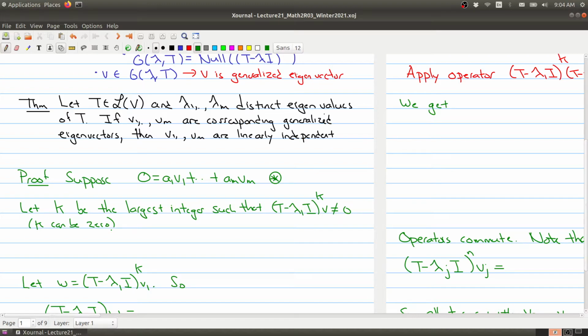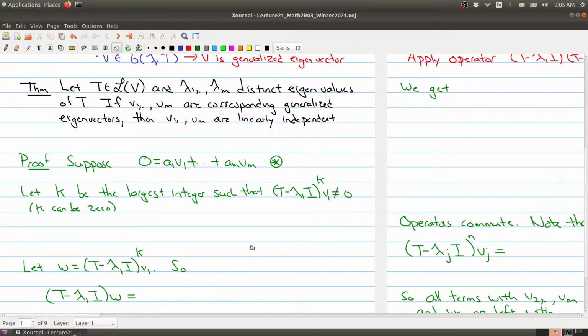The k equals 0 case just says this is the identity operator, so I times v1 not equal to 0 means the vector is nonzero. In that case, taking the power 1 gives 0, so v1 is just a regular eigenvector. That's the key point: because v1 is a generalized eigenvector, some power of this operator will send it to 0. So we're looking at the largest power k before you become 0.